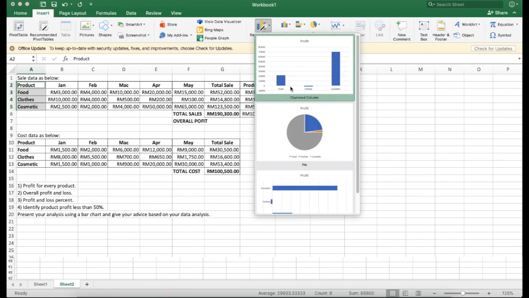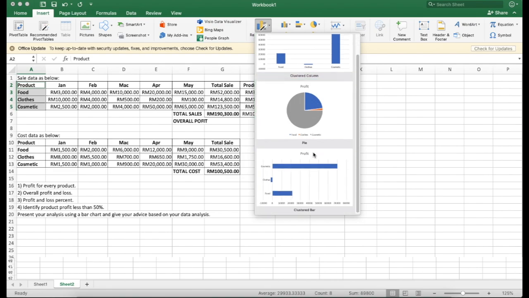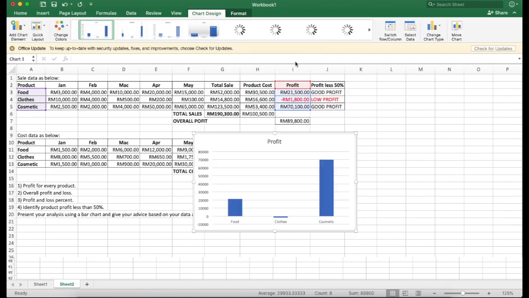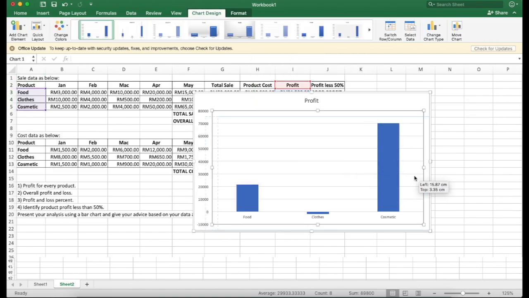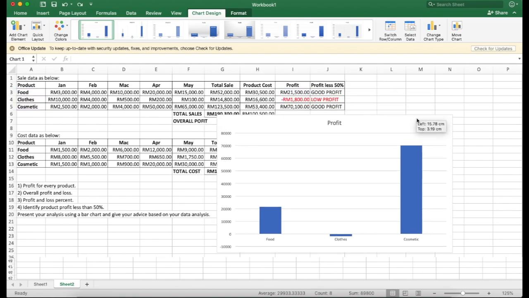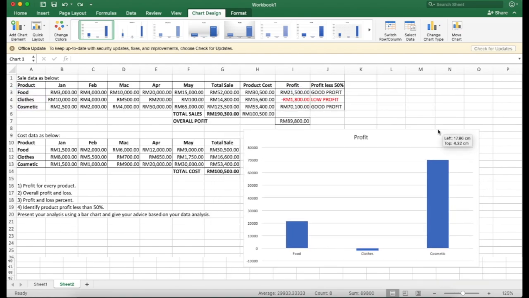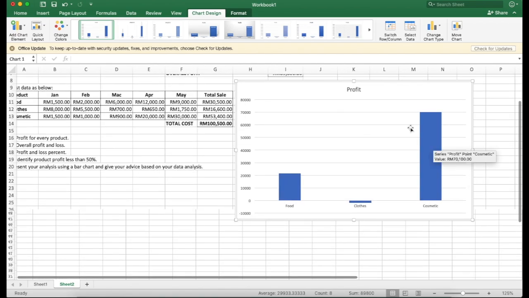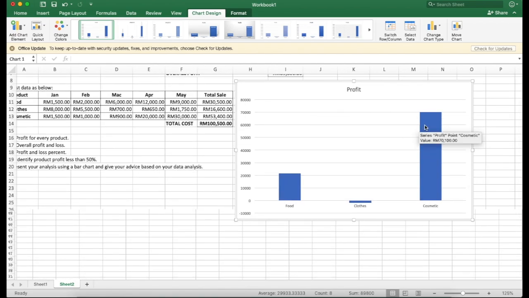So kita boleh tengok food benda profit ya. So inilah yang kita dapat secara jelasnya. Kita boleh nampak dia punya kosmetik lagi tinggi ya.